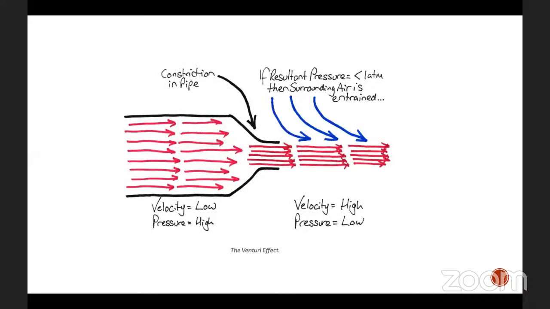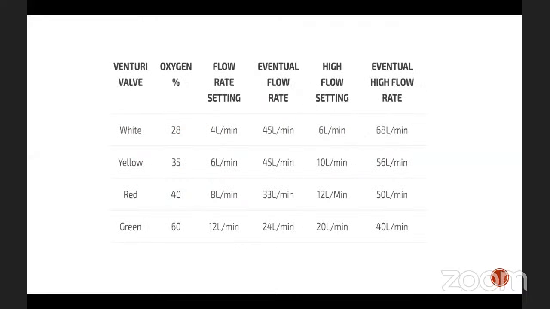Now, this is a pictorial explanation of what we've explained. As the gas moves through here, when the pressure drops, air is entrained into the device, thereby delivering the precise concentration. So if we want to give the patient 28% using the device, it means we need to set it at 4 liters per minute.